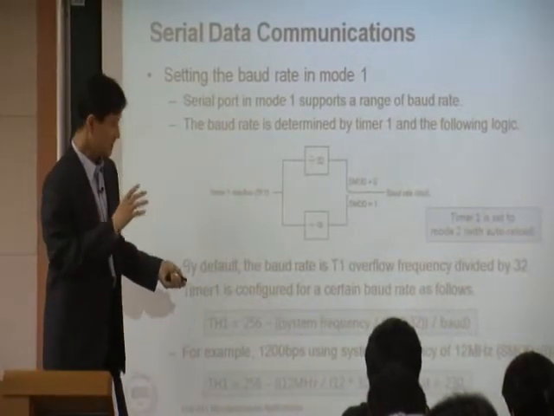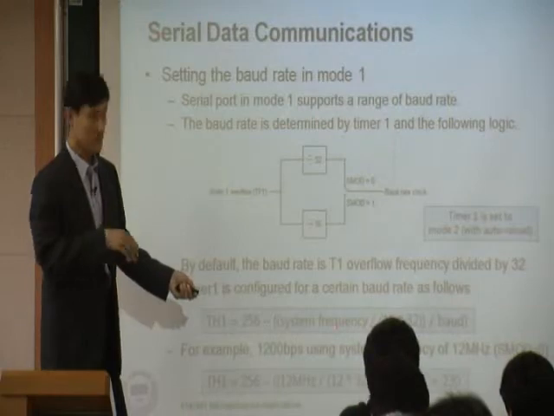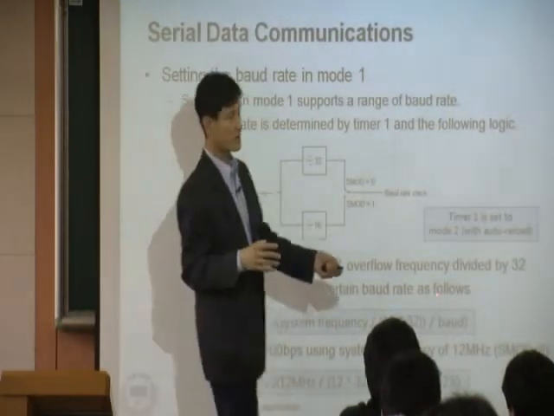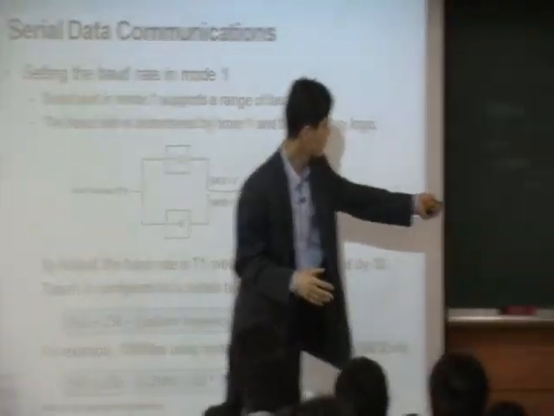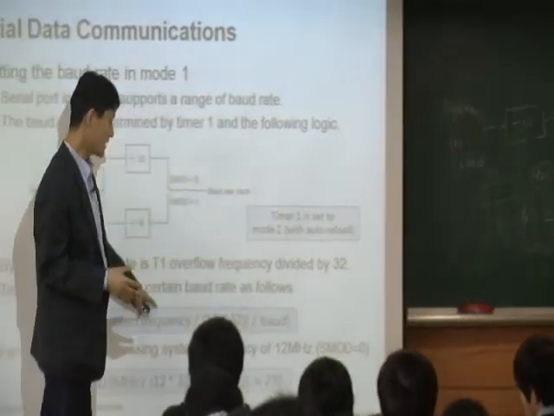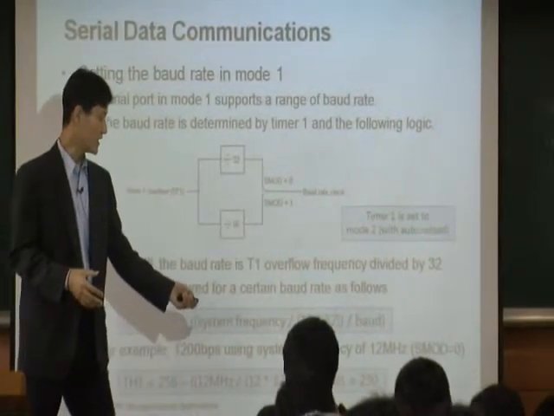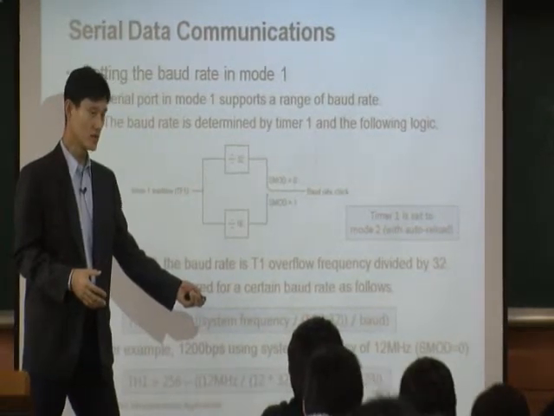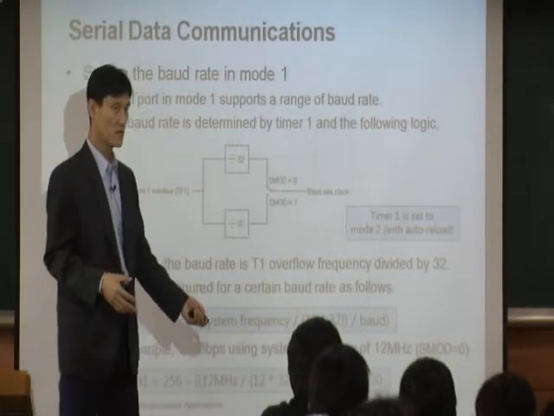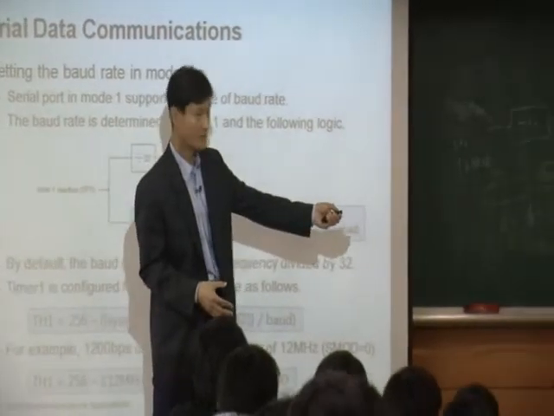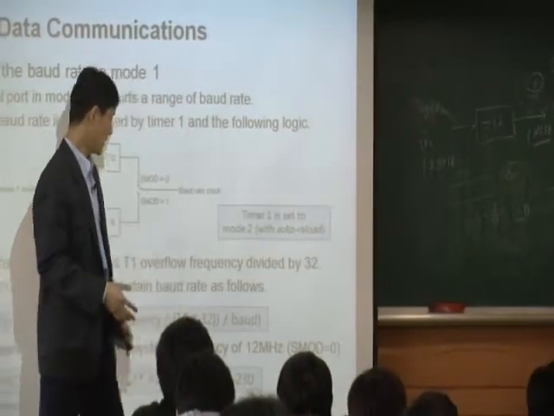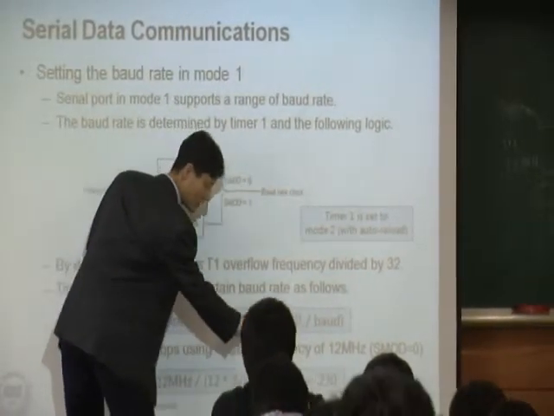This is the mathematics. Let's first look at the system frequency. What is the system frequency? 12 megahertz, the original one. Inside the mathematics, we have the system frequency divided by 12. Why do we divide by 12? Because of this division of 12 in the hardware. And look at this one, 12 times 32.